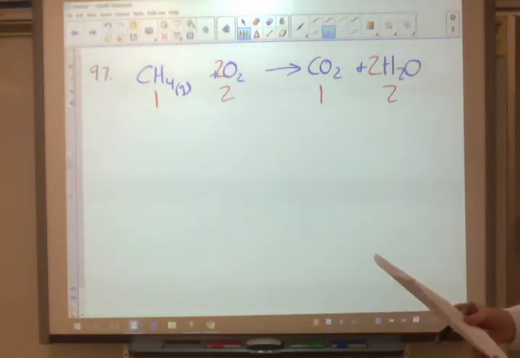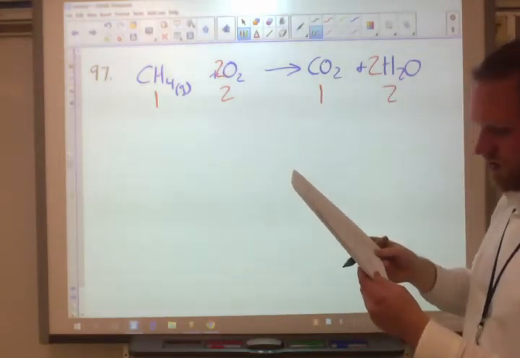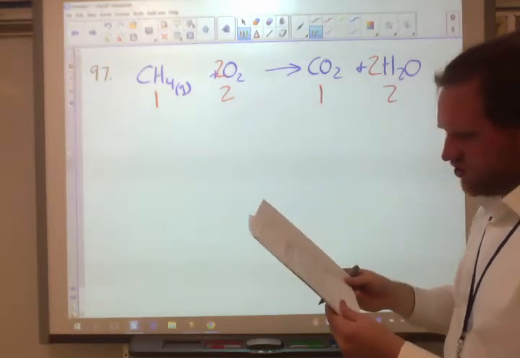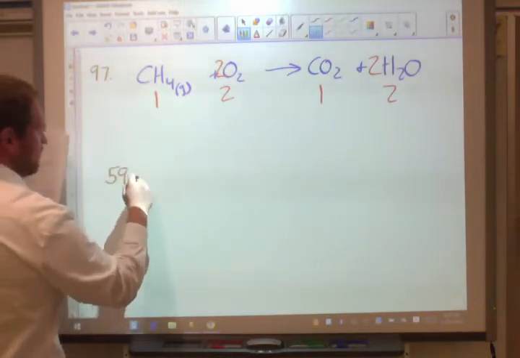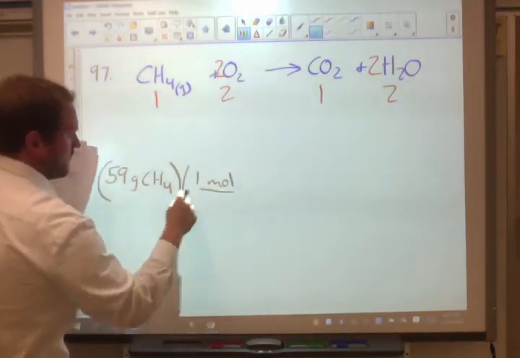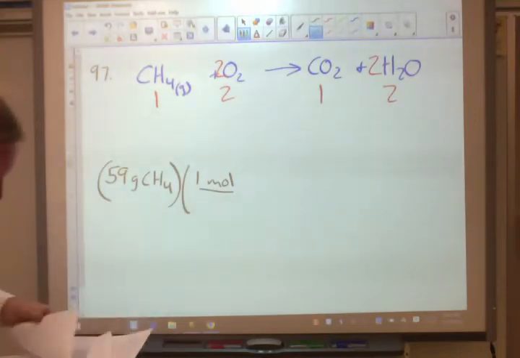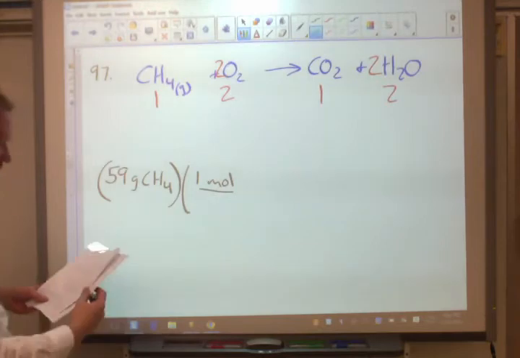All right. So let's work out our equation now. I'm going to have to do a conversion here. So I need to get moles. 59 grams of CH4 times 1 mole over the molar mass of CH4. I'm going to cheat with my answer key here to save myself time. 13.04 grams.